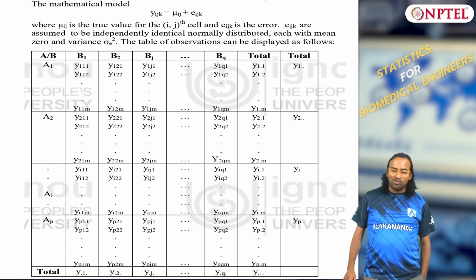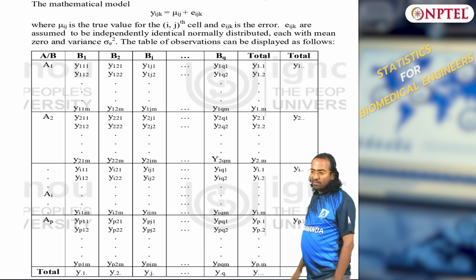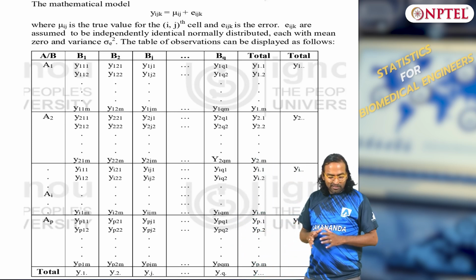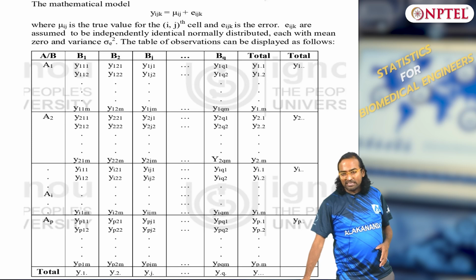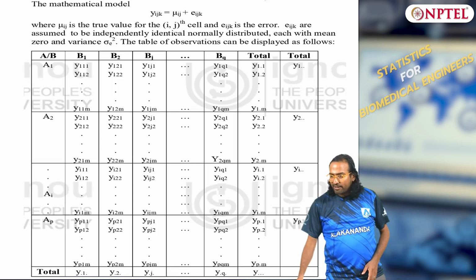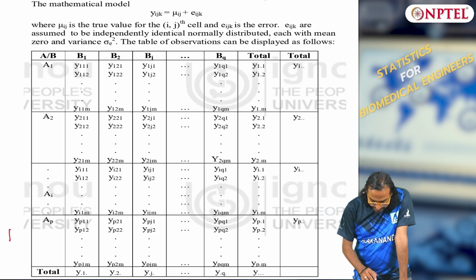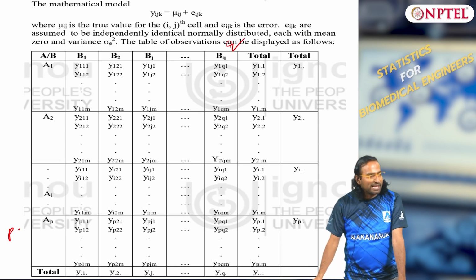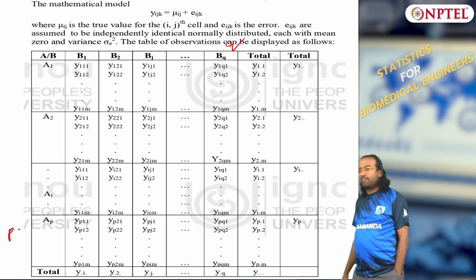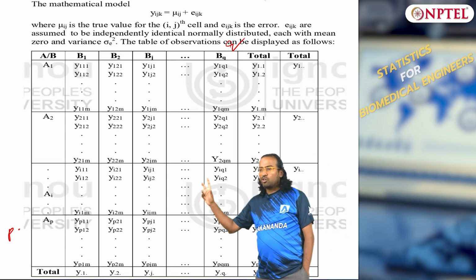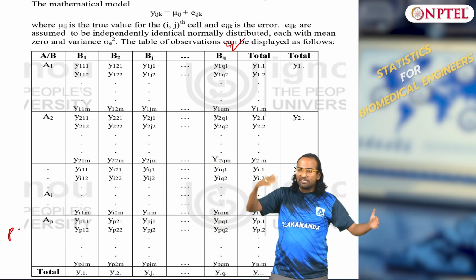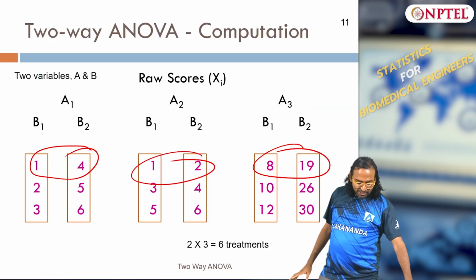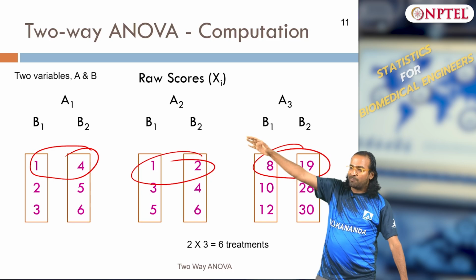So before we get into the detailed derivation, let us understand there are 2 factors and multiple levels. This is the general table: factor A at P levels and factor B at Q levels. We are generalizing now, and this is how the table looks, and as I said, we are going to have replications.